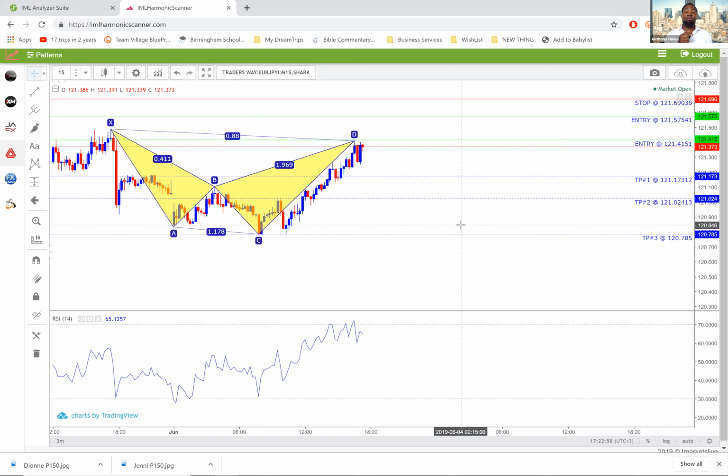Let's go to MetaTrader 4 and take advantage of it. Let me stop sharing here and add the screen so you can see my phone screen. Get your MetaTrader 4 app ready on your mobile device.